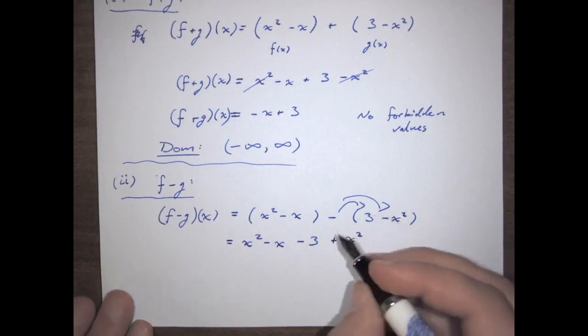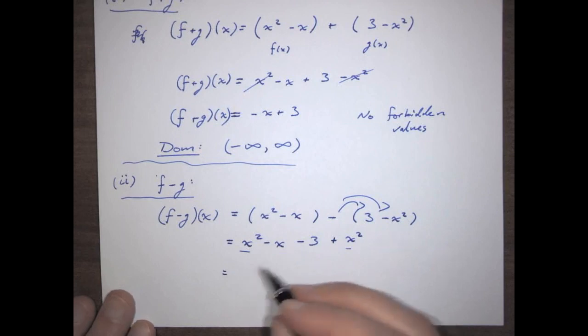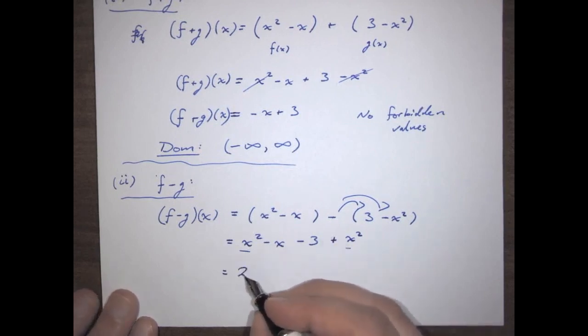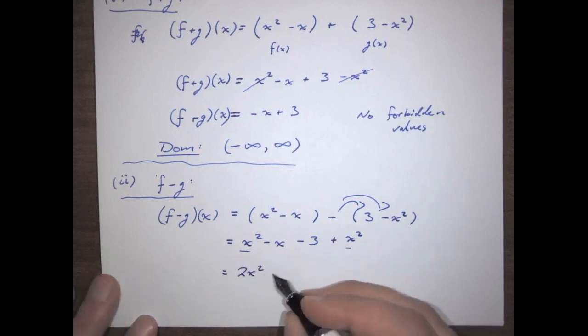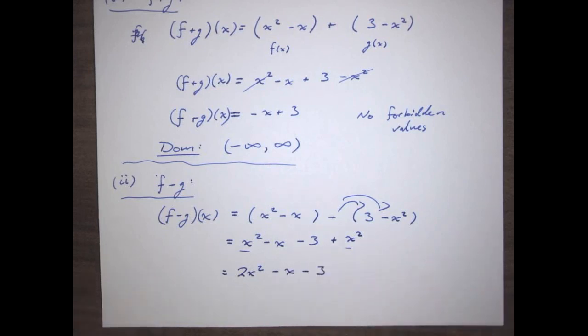So plus x squared. And so these two are like terms, so they'll be combined, and there are no other like terms. So we're going to have 2 copies of x squared minus x and minus 3. So there's that.